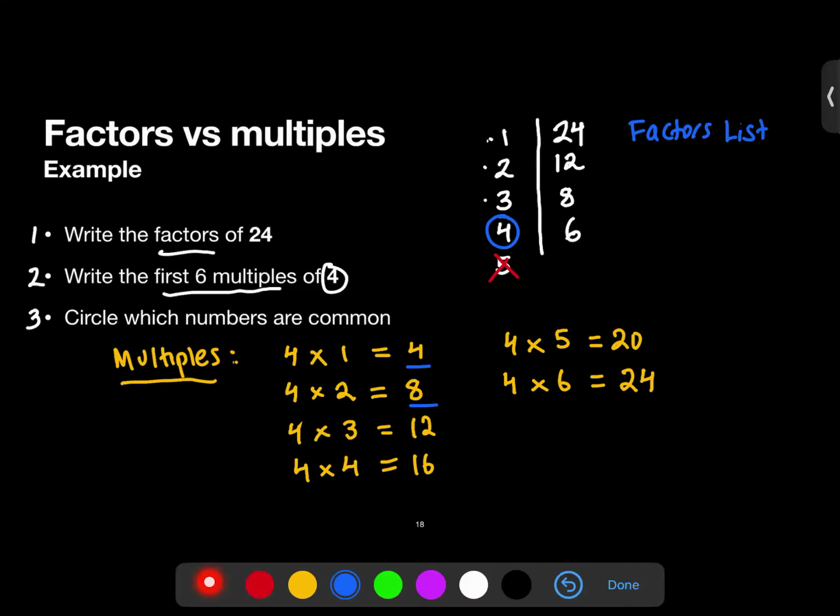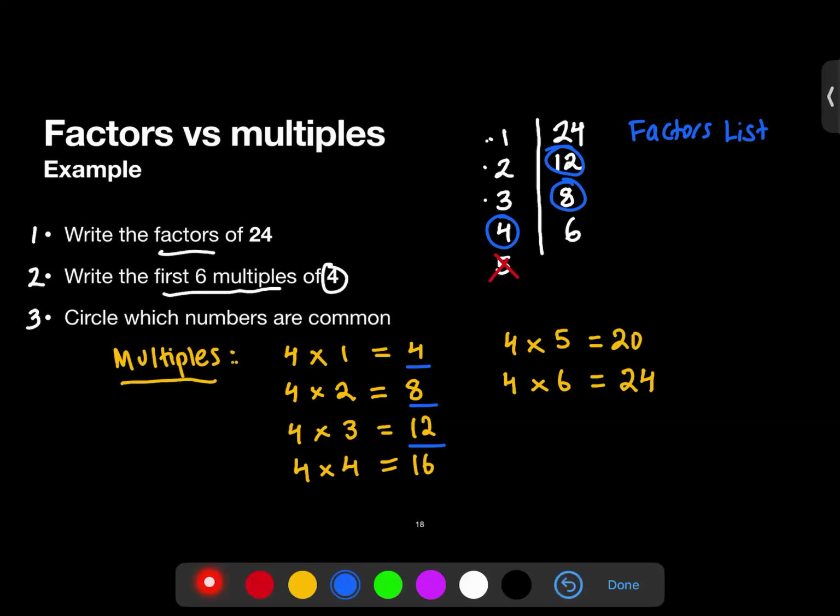Is 8 in the factors list? It is. Is 12 in the factors list? Is 16 in the factors list?